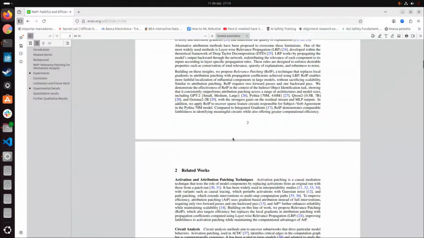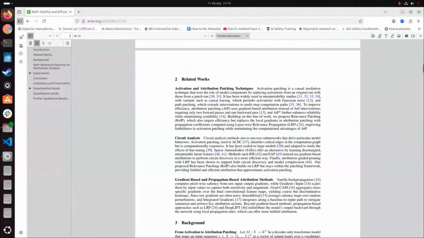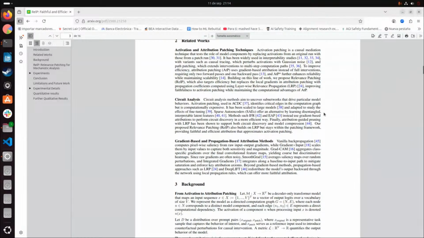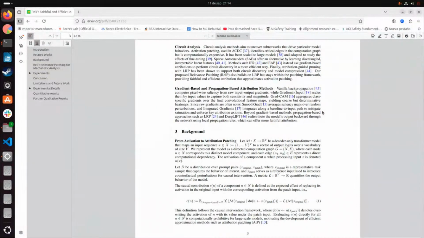But yeah. Anyway, the related work mentions this layer-wise relevance propagation line, with analysis.